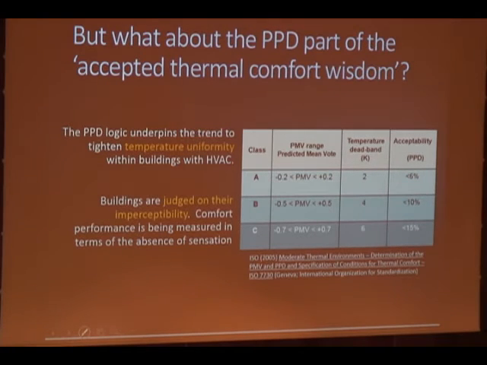It's about as low as you can get. Widening the temperature dead band out to 4 degrees around 0, we expect a PPD of 10% or better. And widening the temperature dead band even further, plus or minus 3 degrees, we would expect the PPD to go up to about 15%.